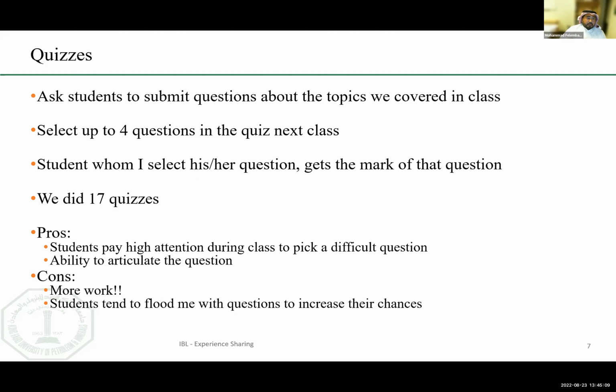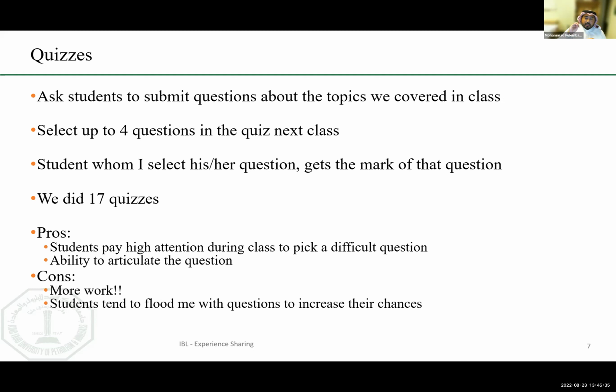Overall we did about 17 quizzes over the summer, and I found, and this is my own feedback, which was then validated by comments from students, that students tend to pay high attention during classes, trying to pick a difficult question that nobody else was able to pick, and they would get the mark for that question. So the attention rate was higher.